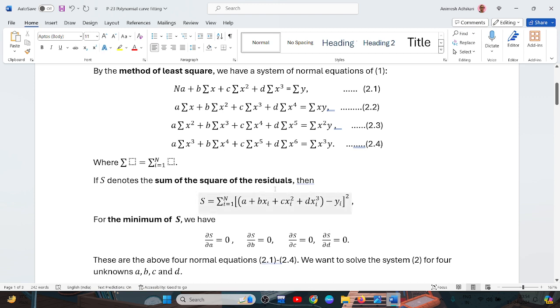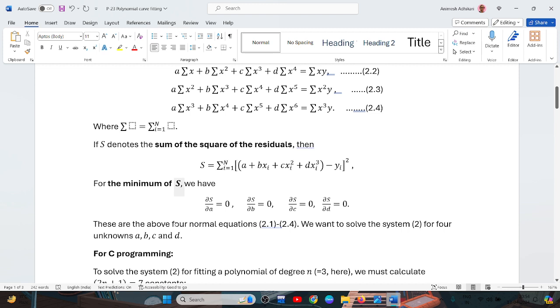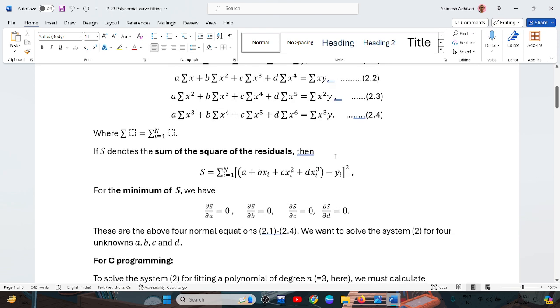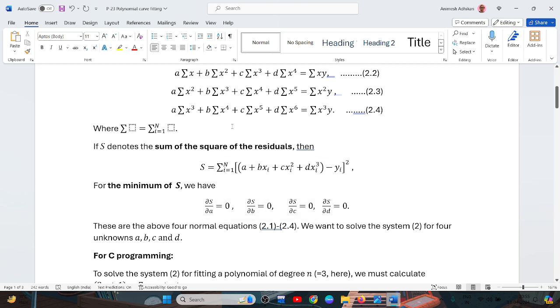We want to minimize this S, and from calculus, for minimization, the partial derivative with respect to a of S equal to 0, del b of S equal to 0, del c of S equal to 0, del d of S equal to 0. And these are the above 4 normal equations, 2.1, 2.2, 2.3 and 2.4.